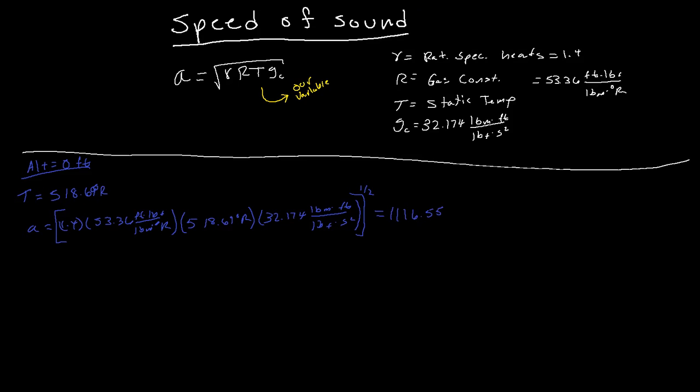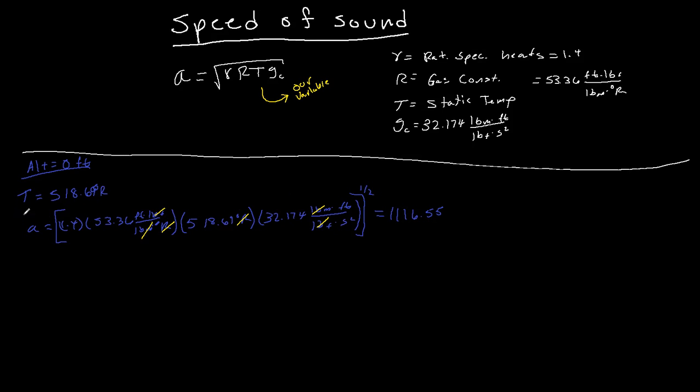1116.55. Now, what are our units? Well, we've got pounds force and pounds force, so those two are going to cancel each other. We've got pounds mass, those are going to cancel. We got Rankines, those are going to cancel. And so we're left with feet times feet and second squared, so foot squared over second squared.